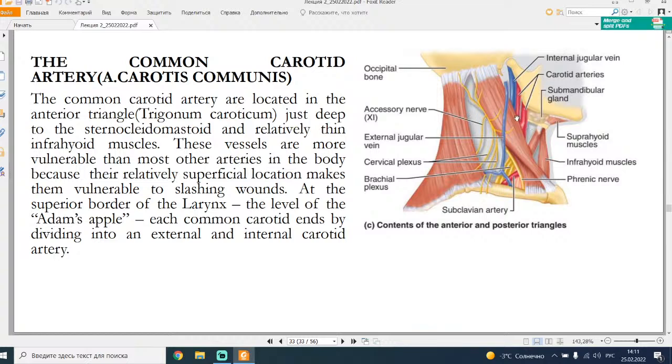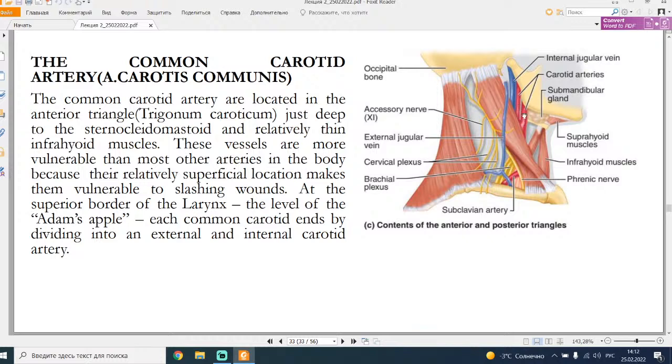These vessels are more vulnerable than most other arteries in the body because their relatively superficial location makes them vulnerable to slashing wounds.